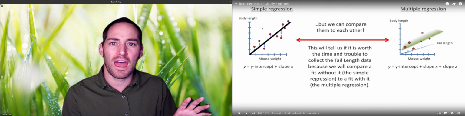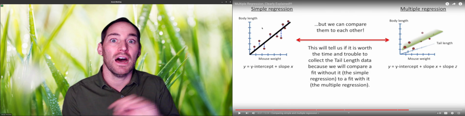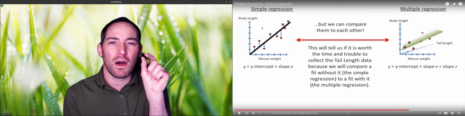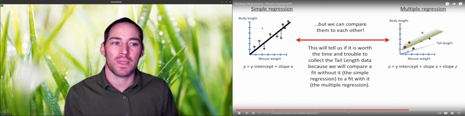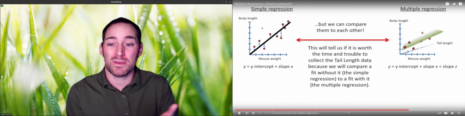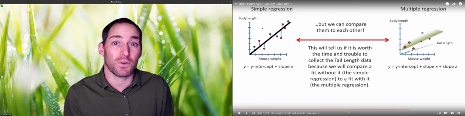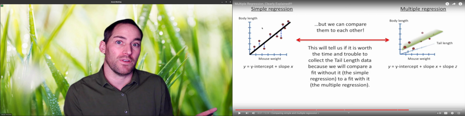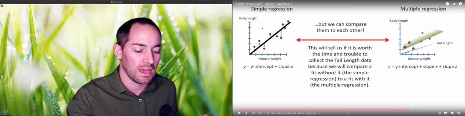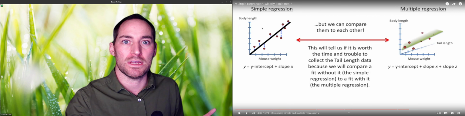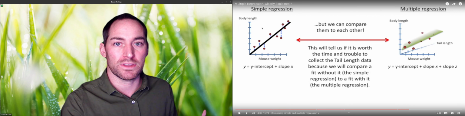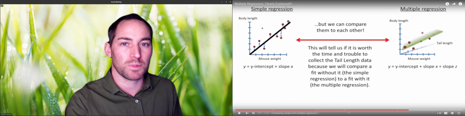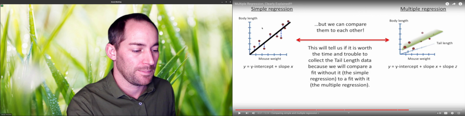So with that, you might want to measure tons of variables that even have a very small effect, versus in some cases, maybe just body length and mouse weight is enough for what you need, and you don't need that third variable. And this helps you see if that's something you need, with, again, just correlational data. Not causation, not experiments, it's just correlational data.